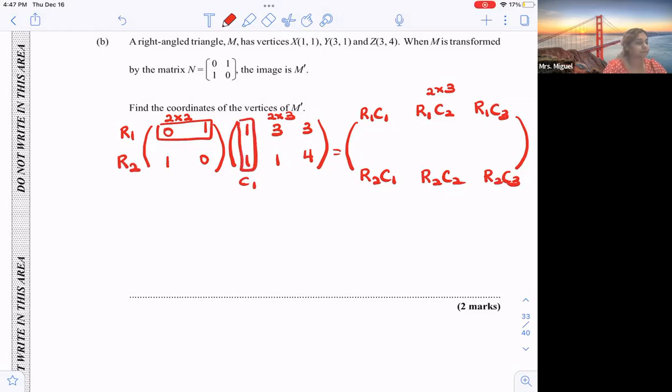For 2 marks. Tell me when you finish working it out, okay?